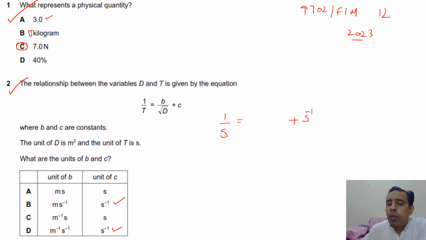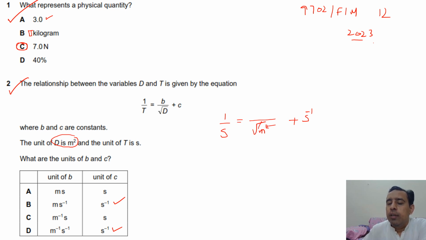And now you have to write the units for b and under root of d, which must be equal to 1 over second or second inverse. For example, in d, the unit of d is meter square. So with the under root, this is meter square with the under root means it's just meter.